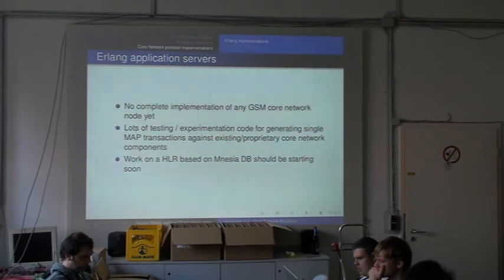Now, we don't have any complete application server for an HLR or any other core component so far, but there's quite a bit of example and experimentation code for manually creating single MAP transactions against traditional implementations.